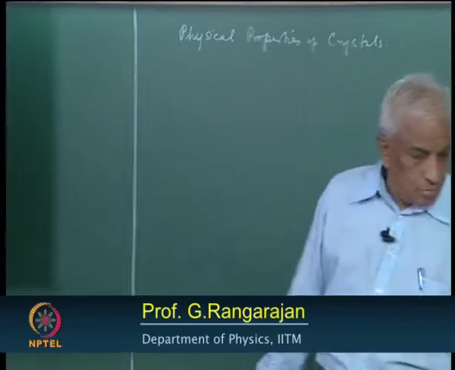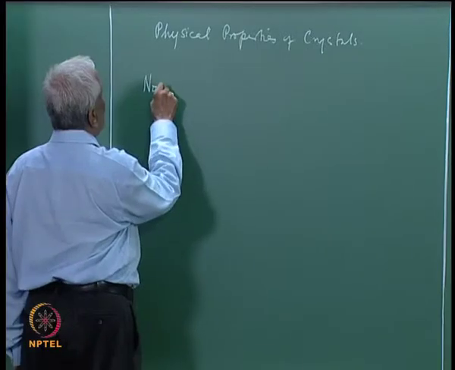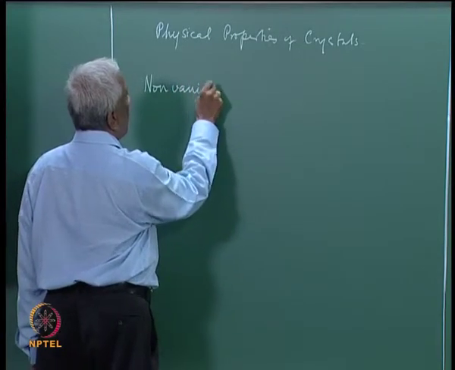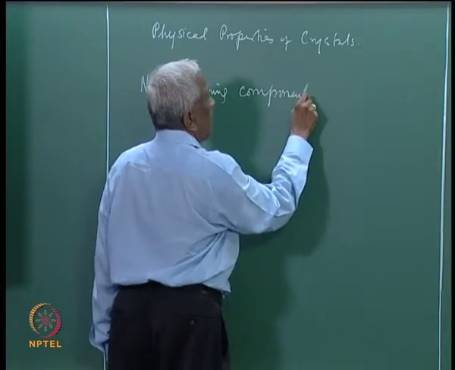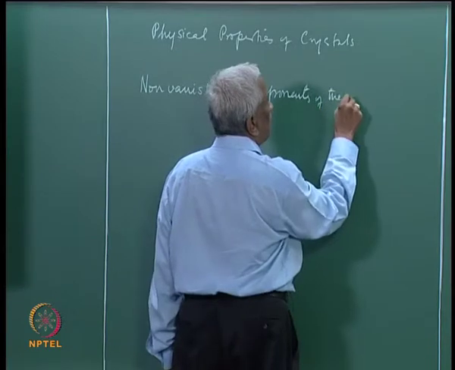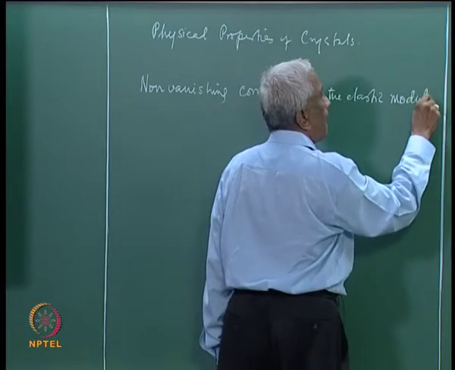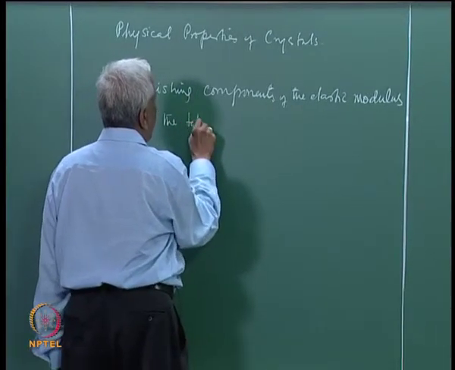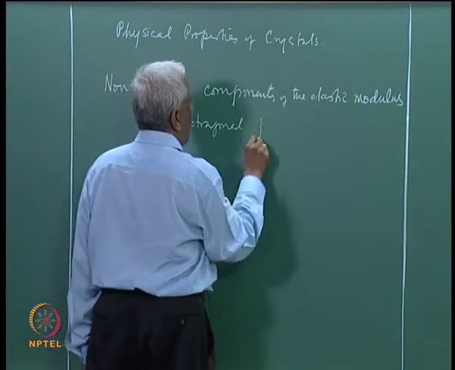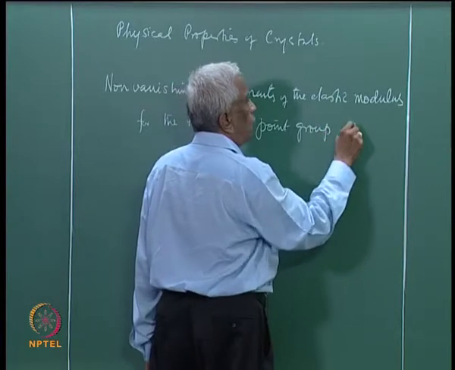In particular, problem 1 is about working out the non-vanishing components of the elastic moduli for the tetragonal point group 4 bar.